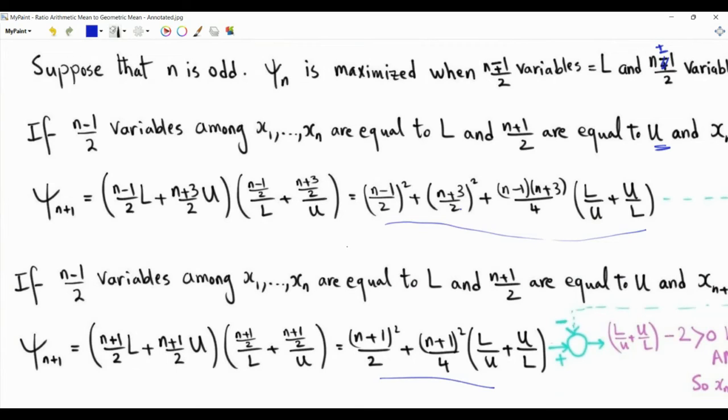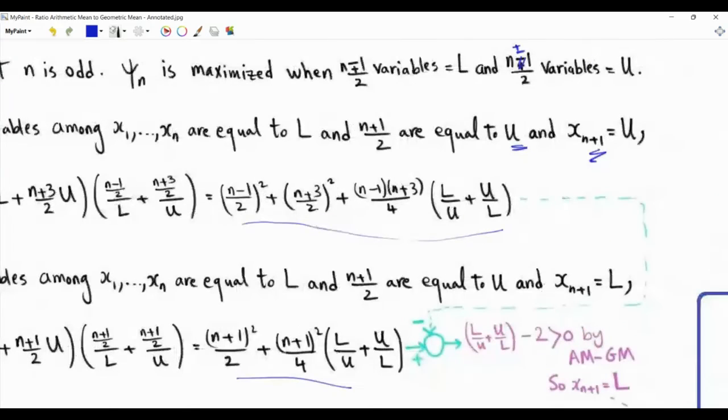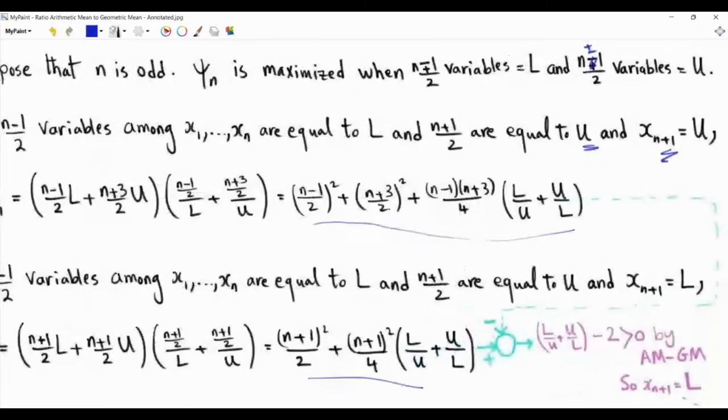So we started with an odd n case. Now we have one extra, and the number of variables equal to u is one more than the number of variables equal to L. Now, if we make the new variable equal to L, which means that we equalize, we will get this psi_{n+1}.